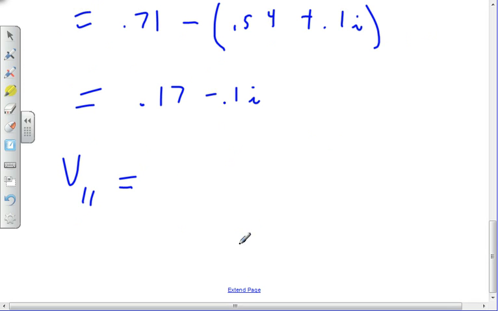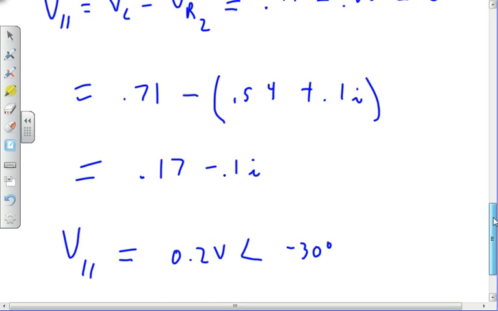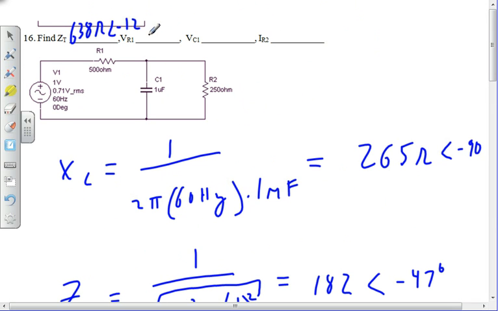We'll call it 0.2 volts at an angle of minus 30 degrees. 0.2 volts angle minus 30.